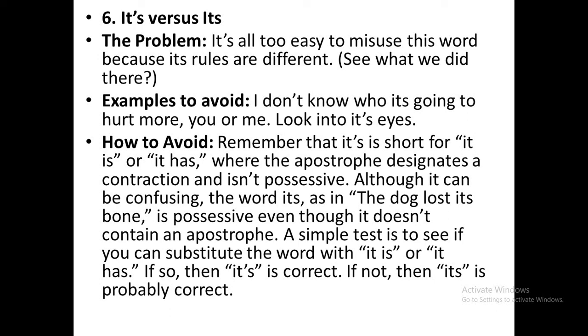This is something you should be very careful about. Although it can be confusing, the word its, as in the dog lost its bone, is possessive even though it doesn't contain an apostrophe. A simple test is to see if you can substitute the word with it is or it has. If so, then it's is correct. If not, then its is probably correct.